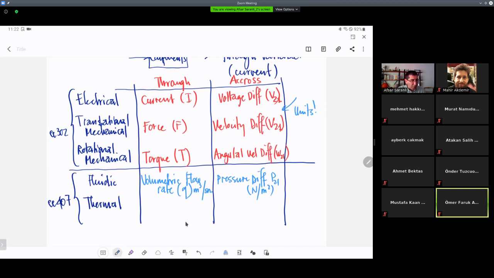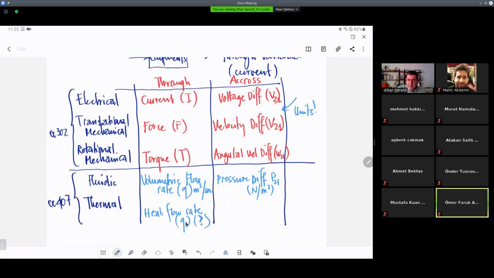In the case of thermal systems, we have heat flow rate, again often indicated by Q. What was the unit? I don't remember. Okay, you will check that out.